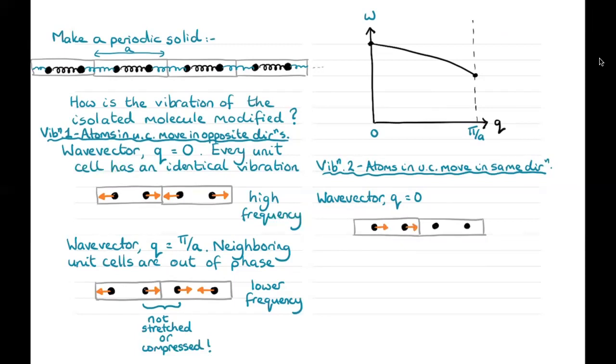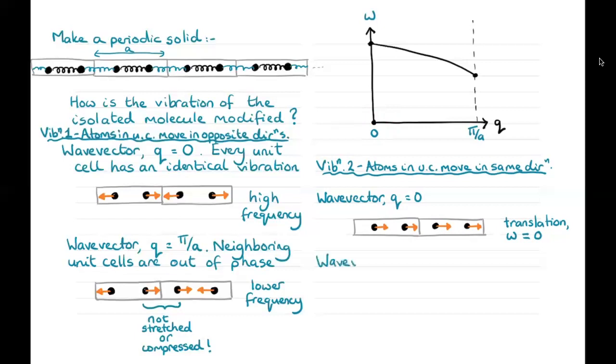We're at q equal to 0, and so all of the unit cells are doing exactly the same thing. We see that this particular pattern of atomic displacements is actually not a vibration at all. This is just a translation of the lattice, and this has a frequency of 0. So we can add another point to our plot, which is that at q equal to 0, the frequency of this particular pattern of atomic displacements has a value of 0. It's not actually a vibration at all, it's the translation of the lattice.